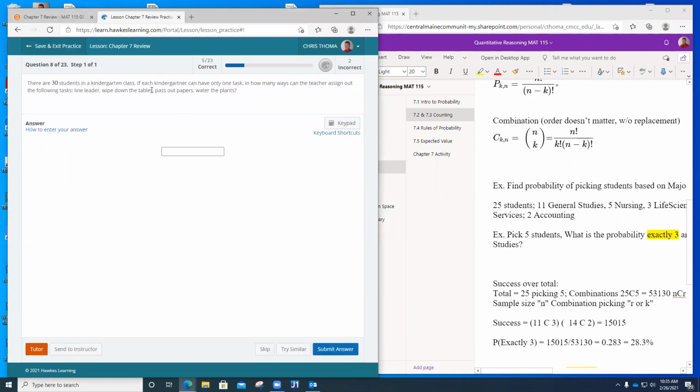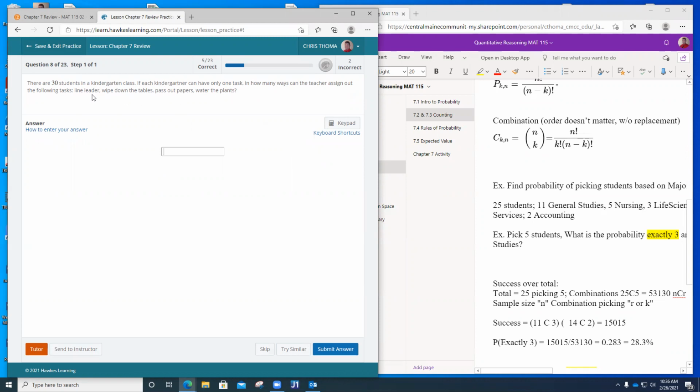There are 30 students in the kindergarten class. If each kindergartner can have only one task, in how many ways can the teacher assign the following tasks: line leader, wipe down the tables, pass out paper? All right, so this is a permutation.